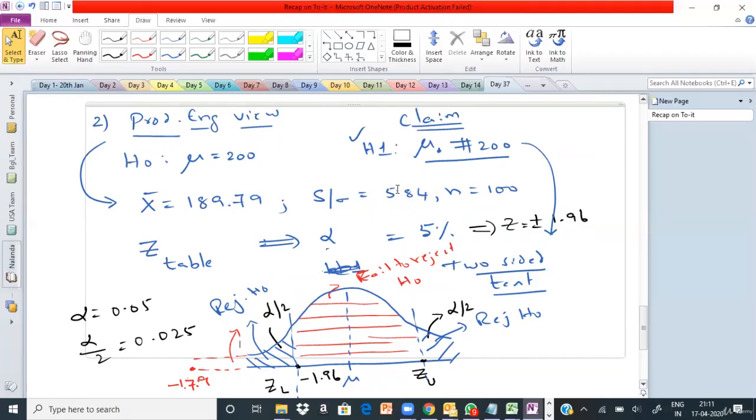So this is called the critical value method, guys. Are you with me? There is another method called the p-value method. It's also a very simple method.